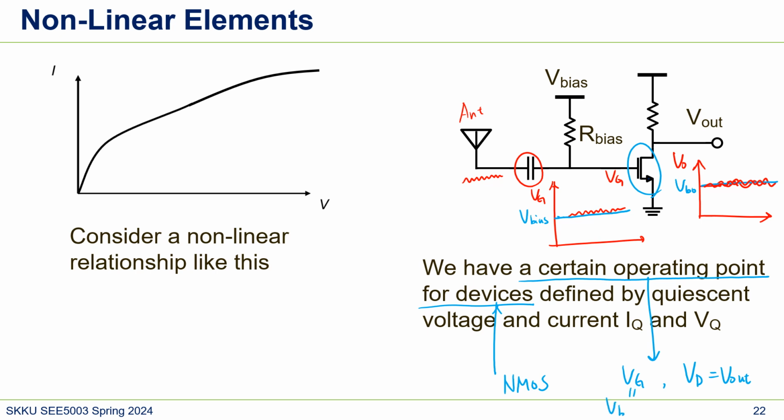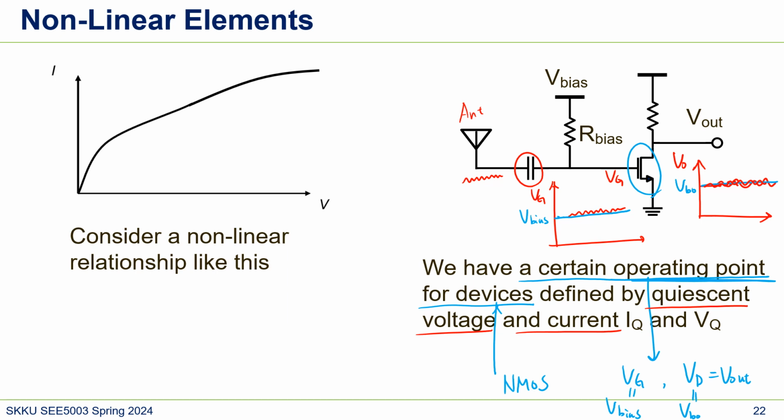VG is V bias. I'm only talking about the operating point. And the operating point of VD is some value VBO. So these are what we call the quiescent voltage and current. We have something like an operating point for a usual analog circuit.